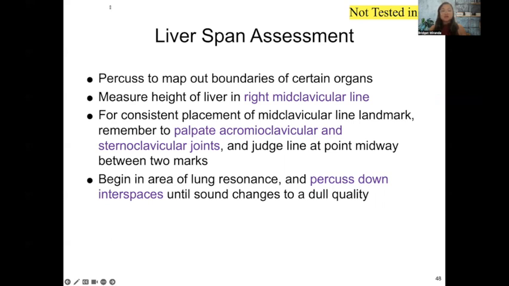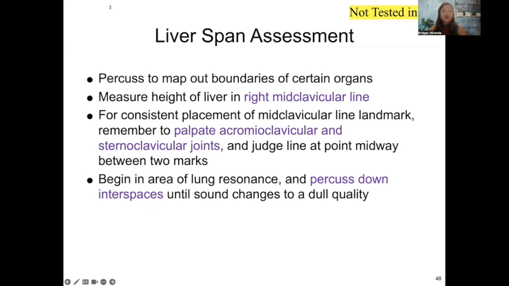With the liver span, if you choose to do so, you would percuss using the right midclavicular line, and you're going to move into the intercostal spaces because that's where you're going to hear the difference. Then you are going to mark the area where you hear the difference between dullness and tympany.